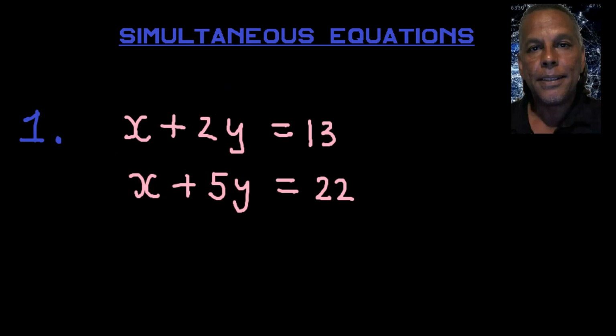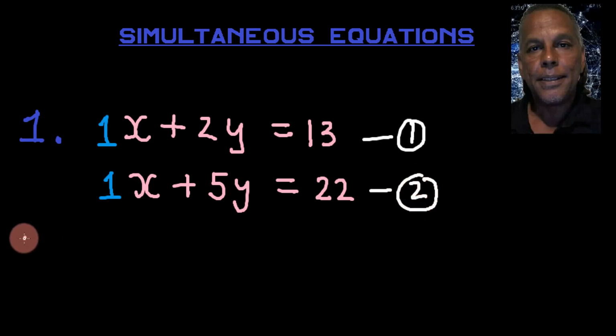The first thing to notice here is that the x's in both equations have the same coefficient. The coefficient of x in the first equation is 1, and so is the coefficient in the second equation. So we can start by letting the first equation be equation 1 and the second equation equation 2.